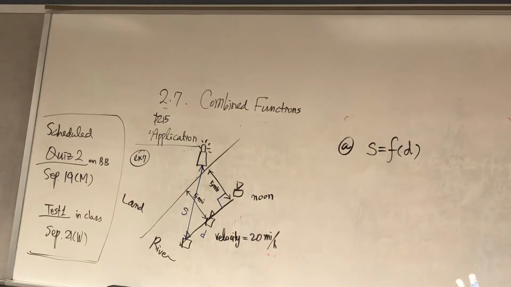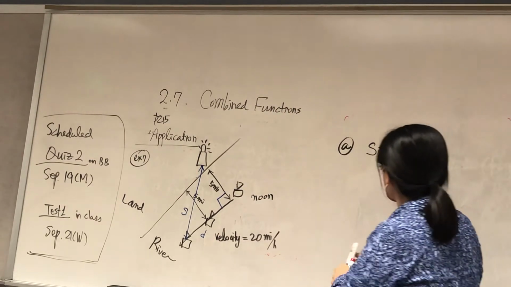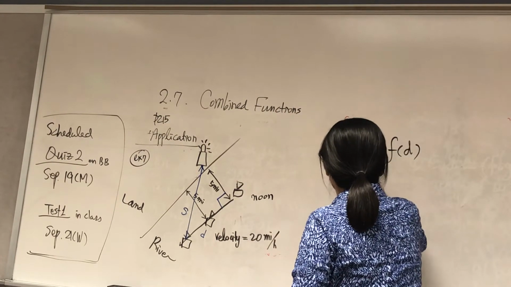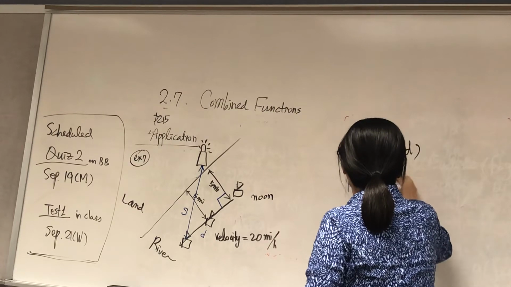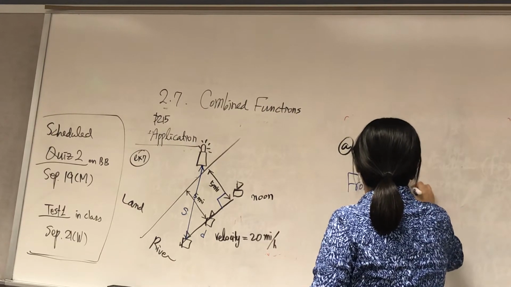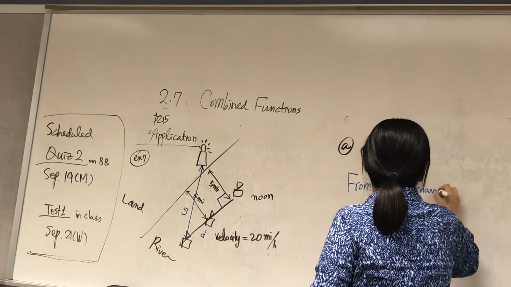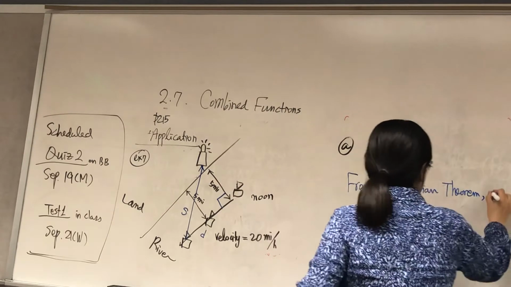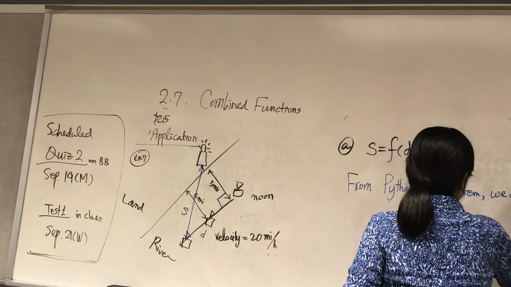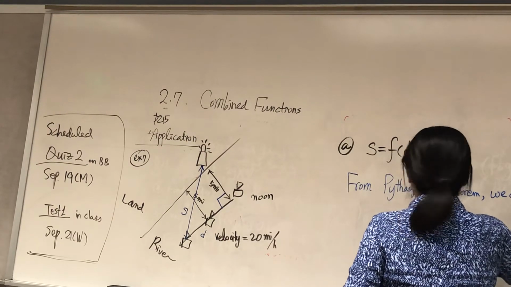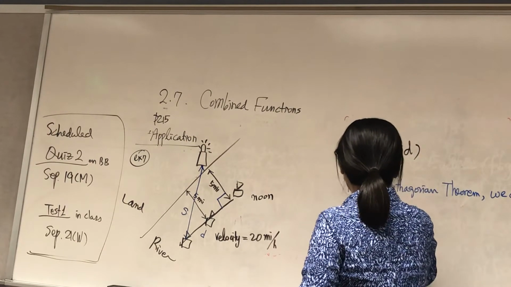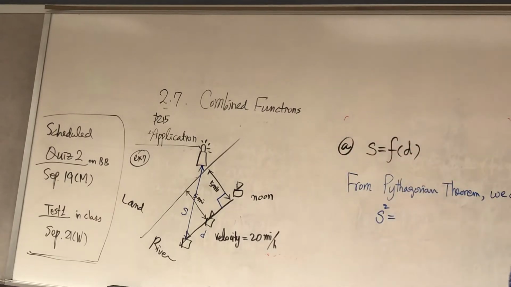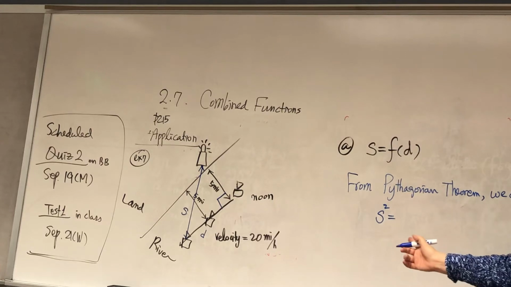From the Pythagorean theorem, S squared equals what?